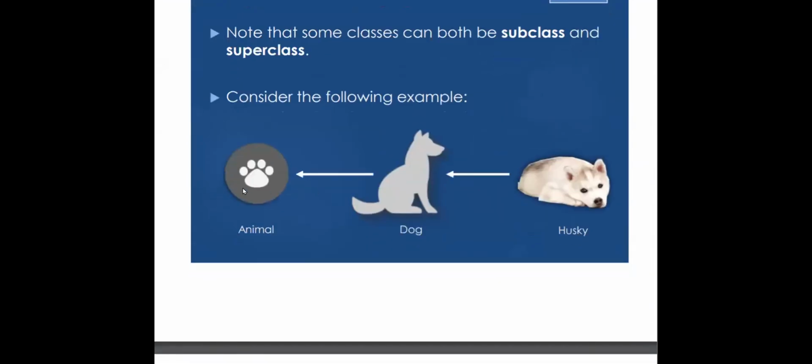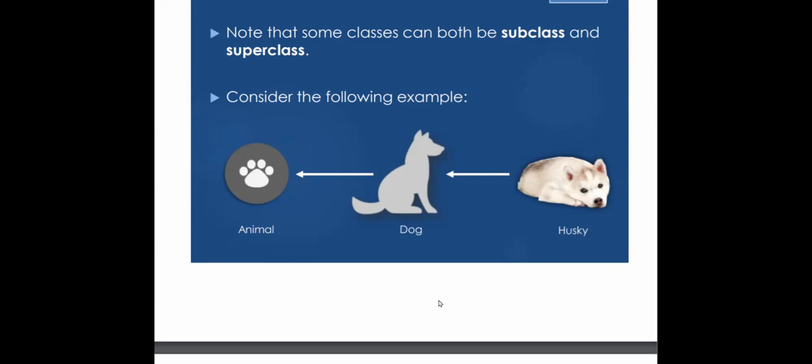So assume that, going into this example, there's the animal class, the dog class and the husky class. If the dog class has a protected variable, another class that doesn't exist in this hierarchy, let's say a bird class that has no relationship with the dog, for that class the defined variable is private. So there is no way that the bird class can directly access the variable of a dog class.